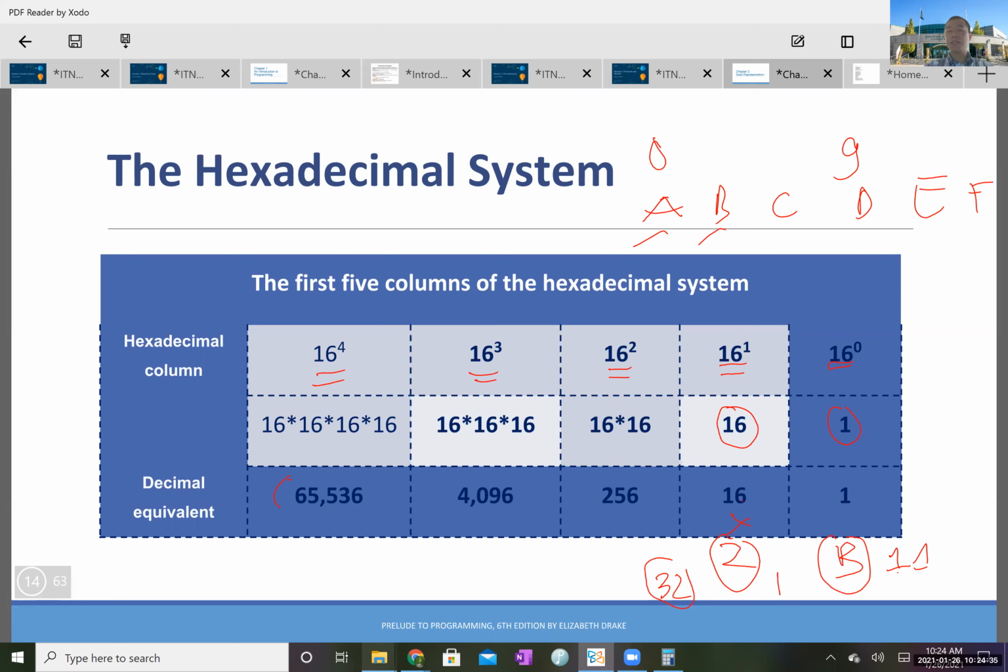When you add them together, 32 plus 11, you have 43. So by converting 2B in the hexadecimal system, you get 43 in decimal. This one is base 16 and this one is base 10.